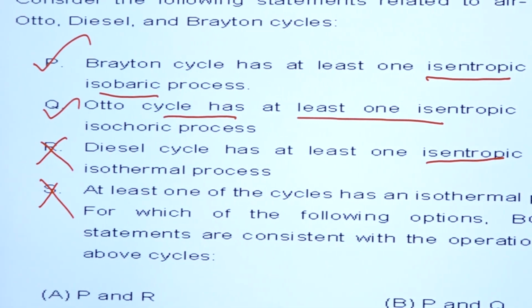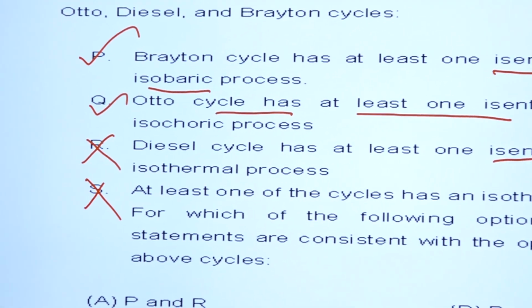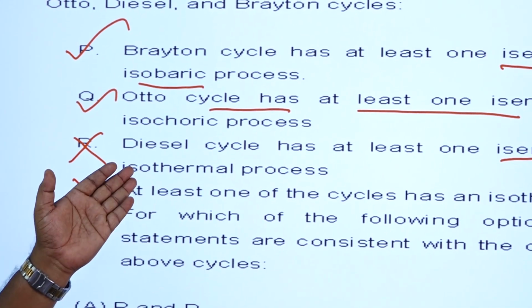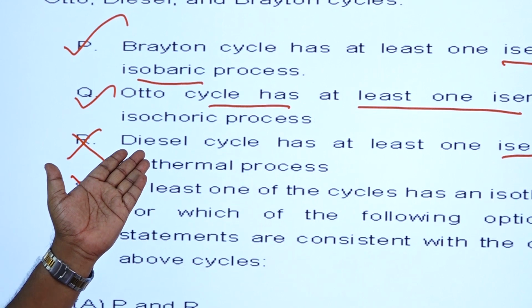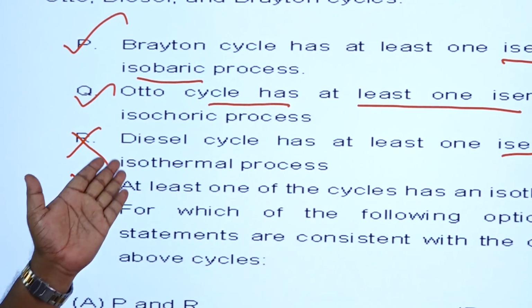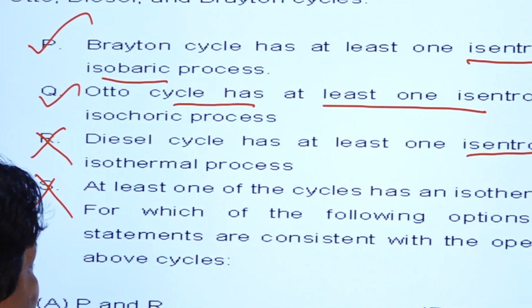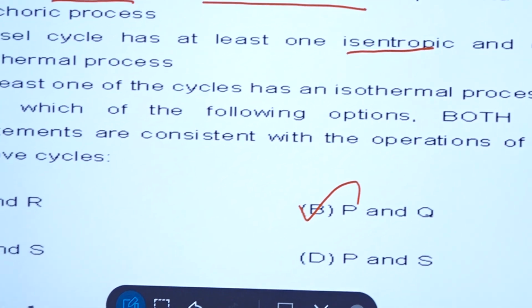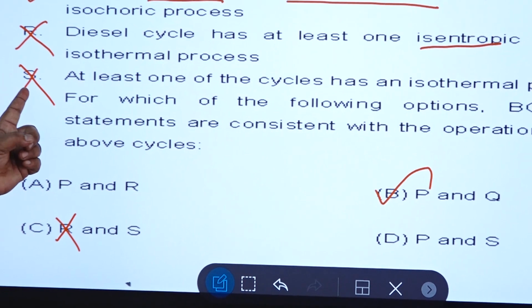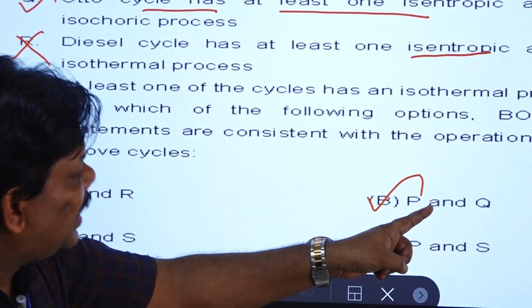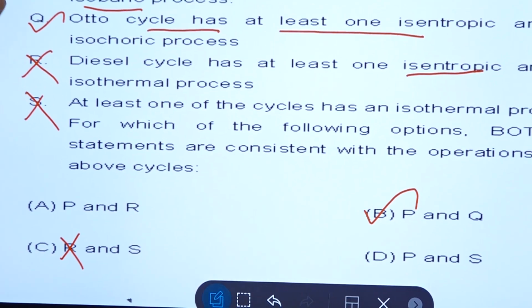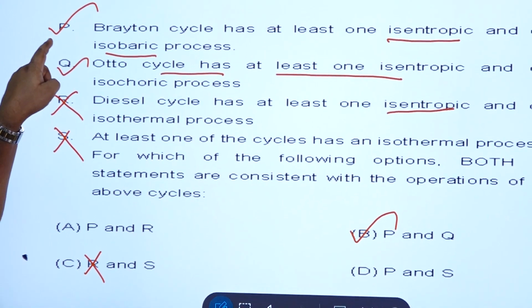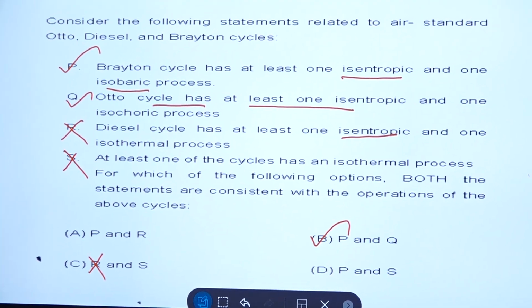No, this statement is wrong, because we don't have isothermal in the diesel cycle. So S is wrong. So the answers are P and Q. Only these two statements are right. So the answer is B.